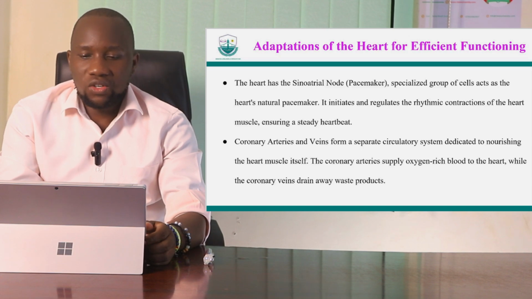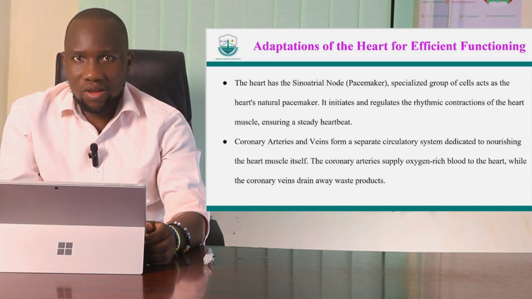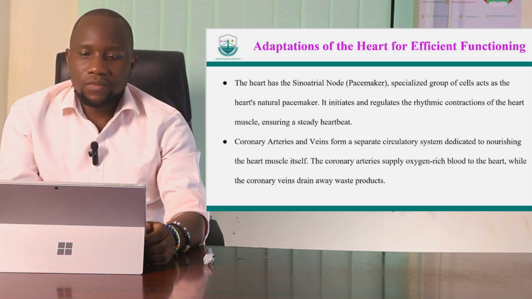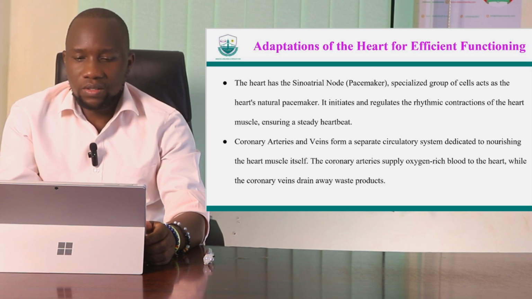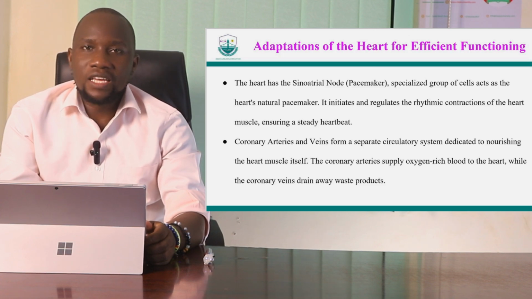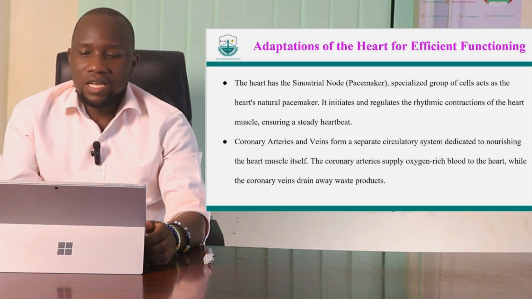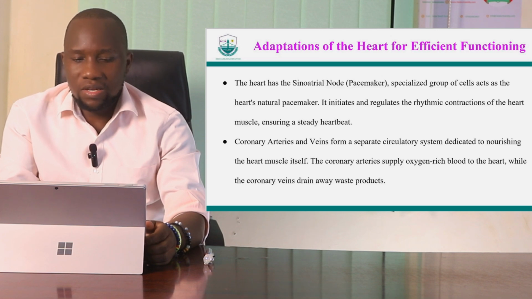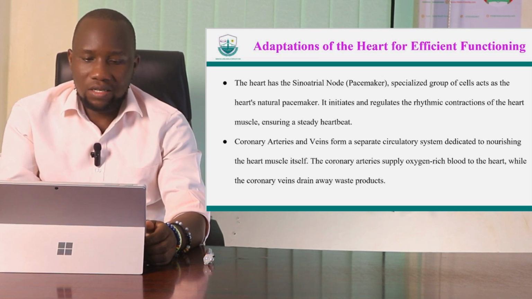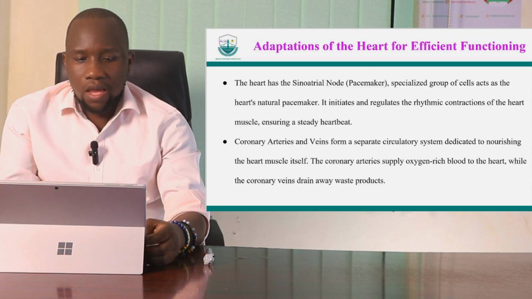These contractions actually come from the pacemaker. So the presence of the pacemaker means that the cardiac contractions are initiated from that point, making sure that the heartbeat is a steady one and continuous.